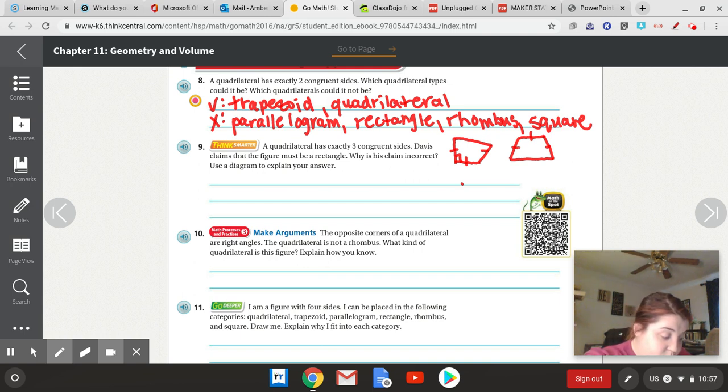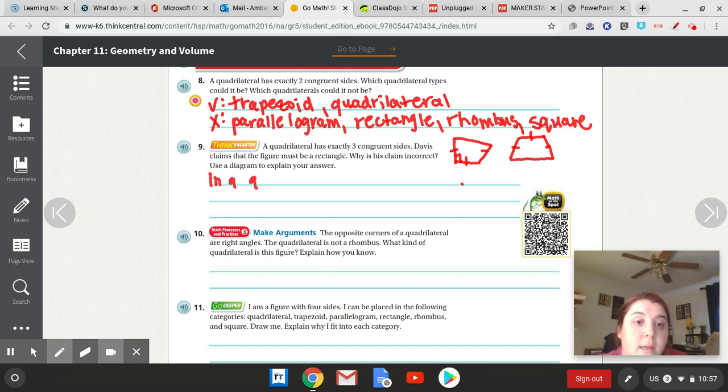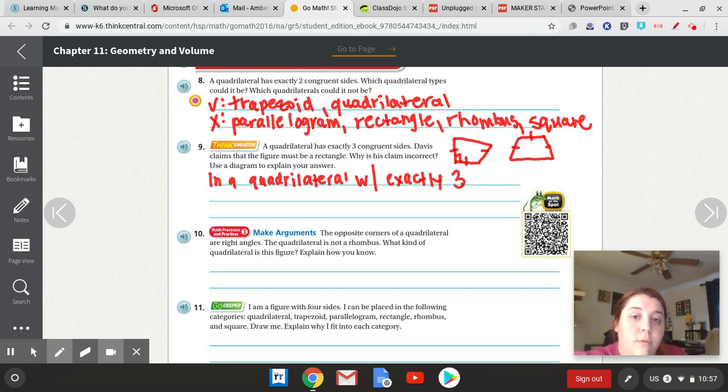So he's wrong because in a quadrilateral with exactly 3 congruent sides, you're going to get one of 2 things here, okay?